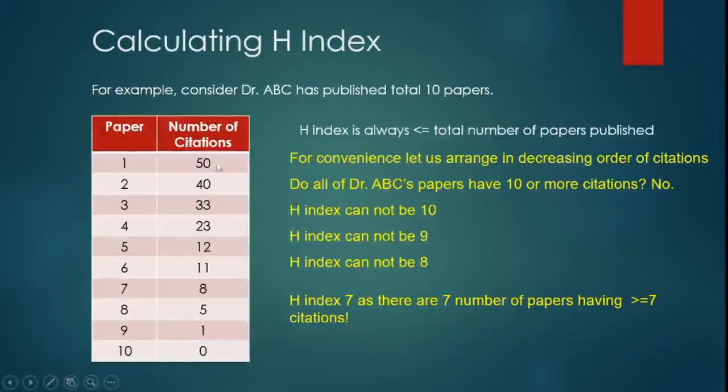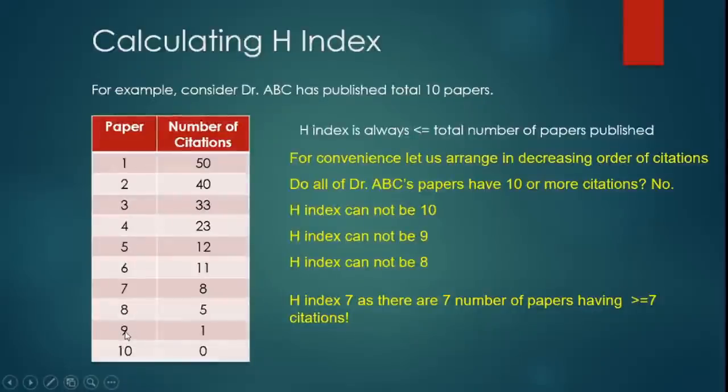Here in this example, Dr. ABC has 10 research papers and each has a different citation count. We see that the 10th paper has 0 citations, the 9th paper has 1 citation, the 8th paper has 5 citations, and the 7th paper has 8 citations. So the h-index cannot be 10, because all 10 papers do not have 10 citations or more.